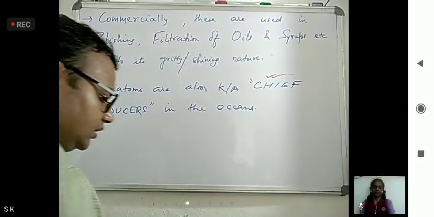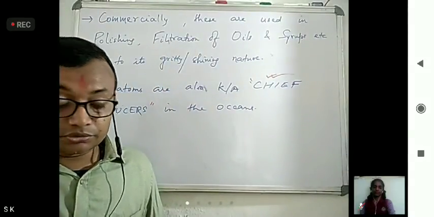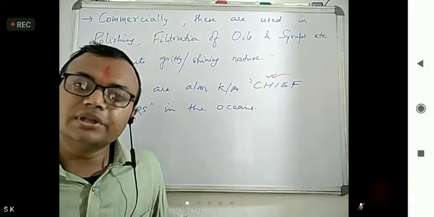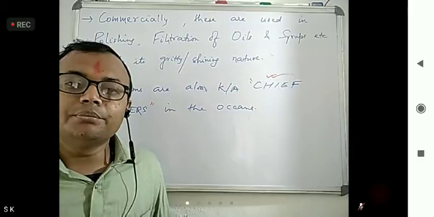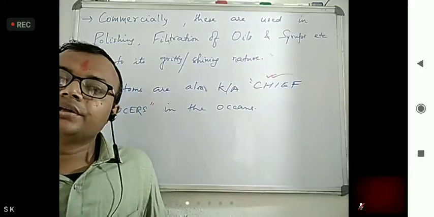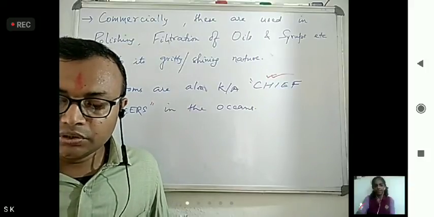That is diatoms. Because these diatoms do photosynthesis, and photosynthesis means they are making their food, and making food means producers. So that's why these diatoms are known as what? Chief producers of the oceans.